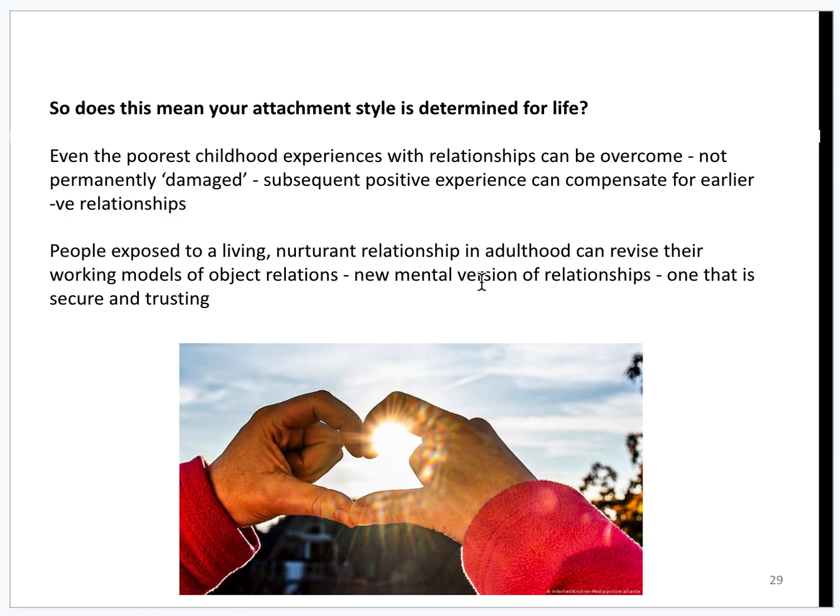One that is secure and one that is trusting. Okay? So you are not doomed for life. You likely have to actively create that and really notice, but you can overcome it and develop a new, secure view of relationships.